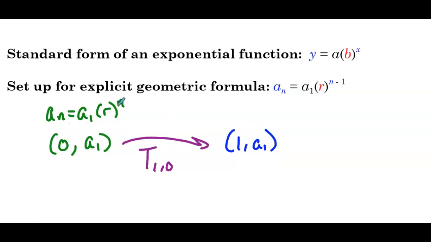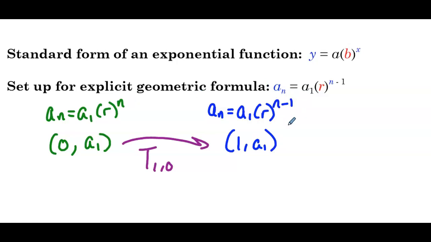Now, what effect would that have on the formula? Well, we'd have a sub n equals a sub 1 times r. Well, if we're adding 1 to the n value, then in the equation we do the opposite. So we subtract 1 from the n value. n is up in the exponent, so we have n minus 1 as the exponent in our geometric formula.